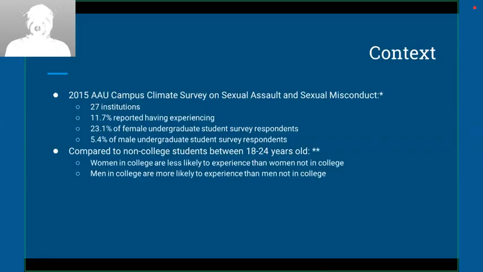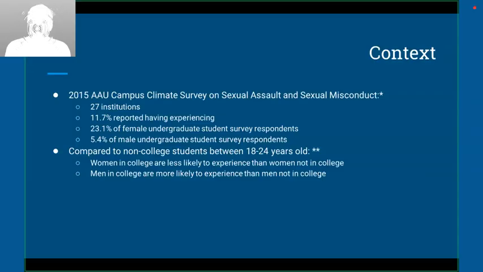And then the opposite is actually true of men in college. So men between 18 and 24 who are in college are, according to comparison of these two particular research reports, significantly more likely to experience non-consensual sexual contact than men aged 18 to 24 who are not in college.